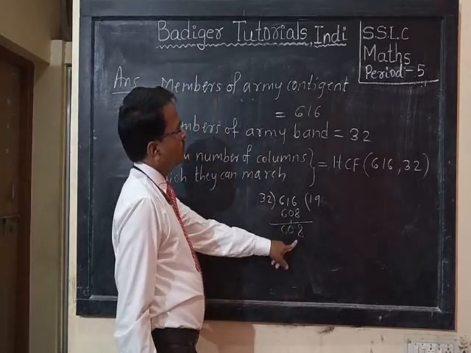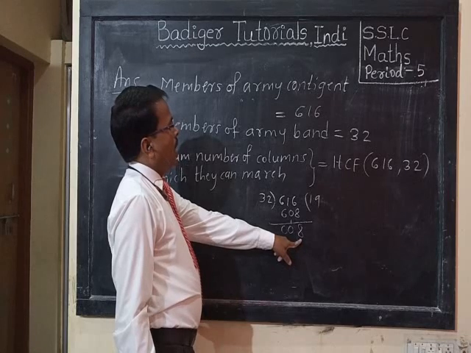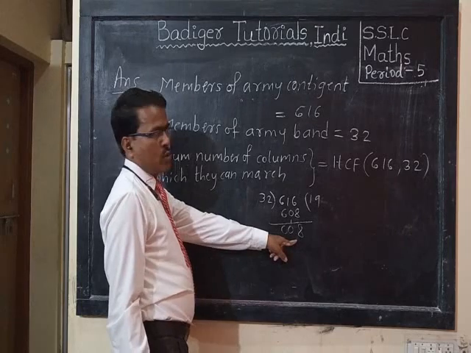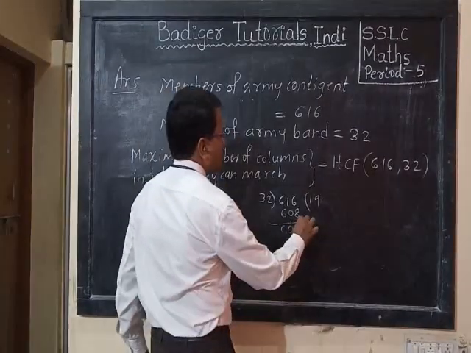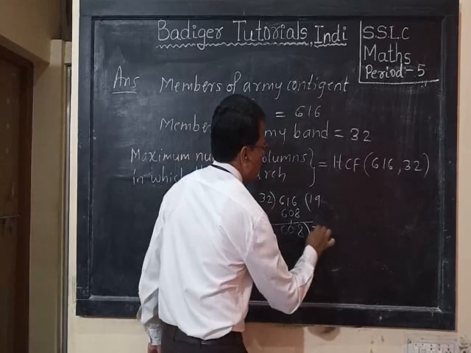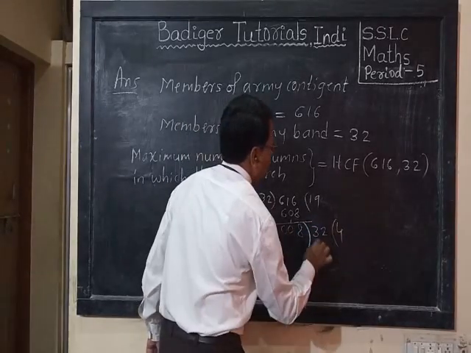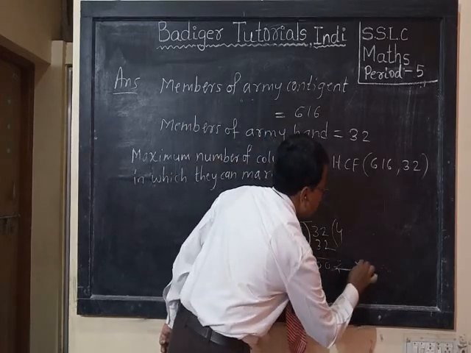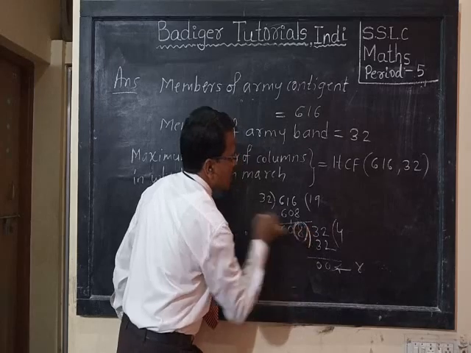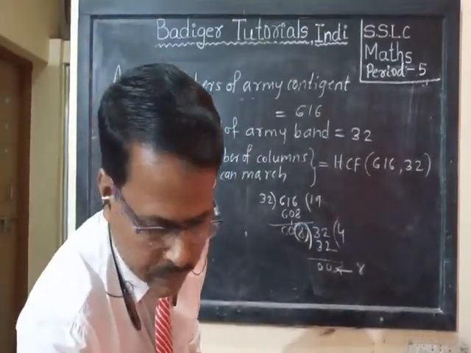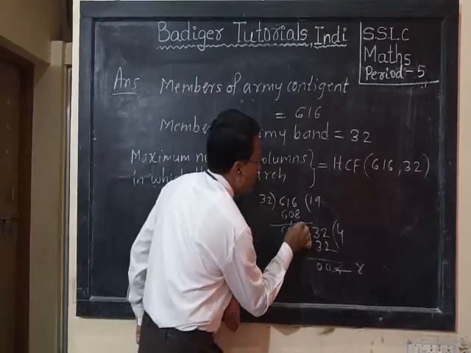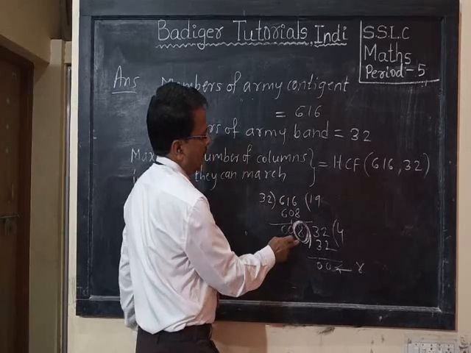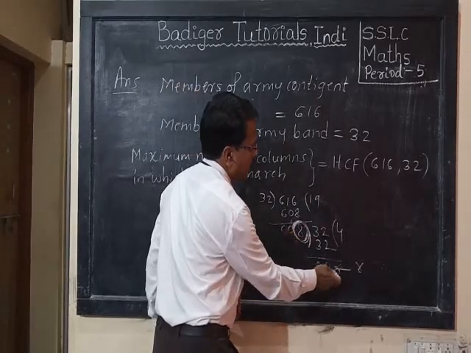Since the remainder is not 0, divide the divisor by the remainder. I am using a shortcut, so 32 you write here, 8 fours are 32, so remainder is 0, and our answer is 8. So the HCF of the two numbers is 8, because this is the divisor which gives remainder 0.